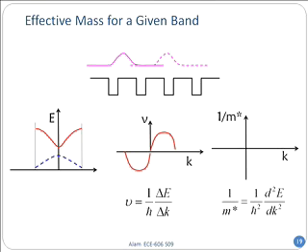The effective mass is the second derivative of energy with respect to k. And you can see here, if you take the second derivative of that first equation, then you will get something like this. And you can see that this particular mass actually is not a constant.